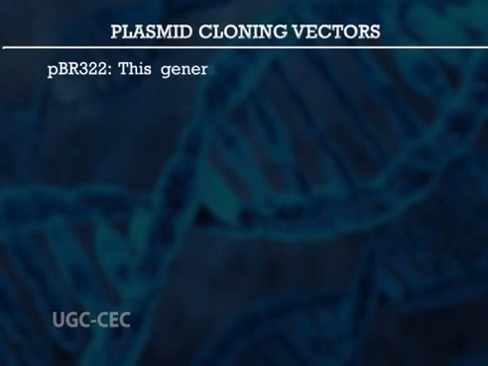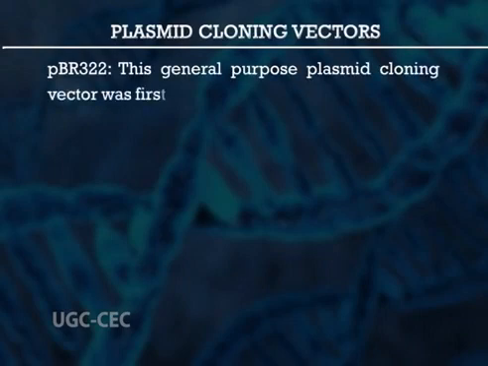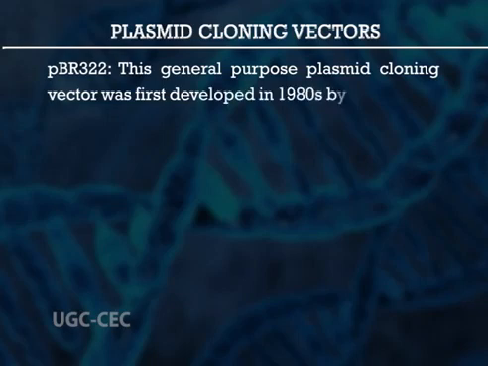Some of the important plasmid vectors are plasmid pBR322. This general purpose plasmid cloning vector was first developed in the 1980s by Bolivar and Rodriguez.